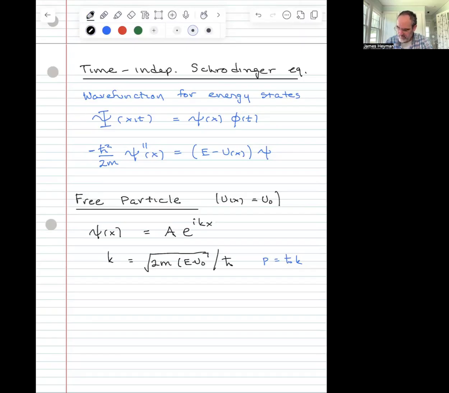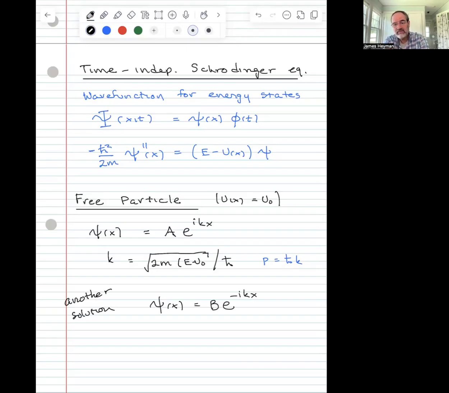Something that we didn't mention is that there's also another solution. Okay? We could also let psi equal B e to the minus ikx.